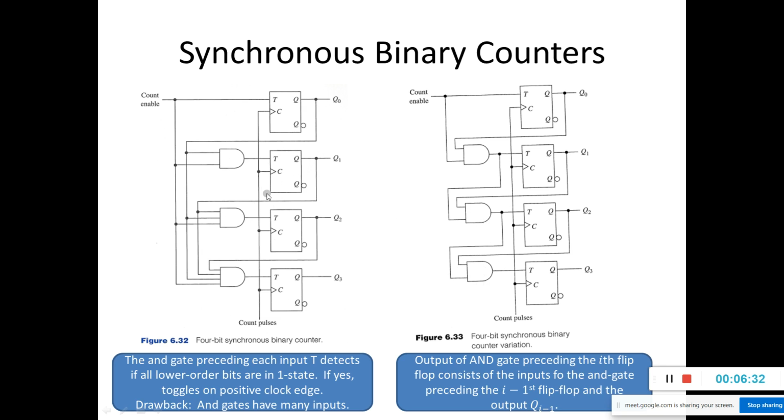This is the variation counter of the synchronous 4-bit binary up counter. Each AND gate contains 2 inputs only, the previous flip-flop output and the count enable.